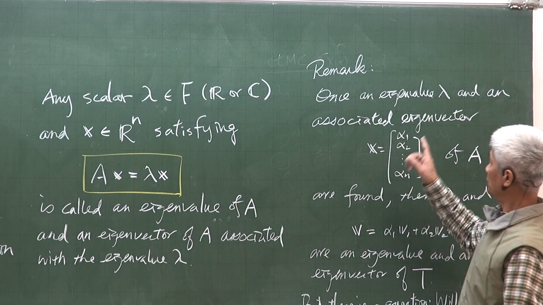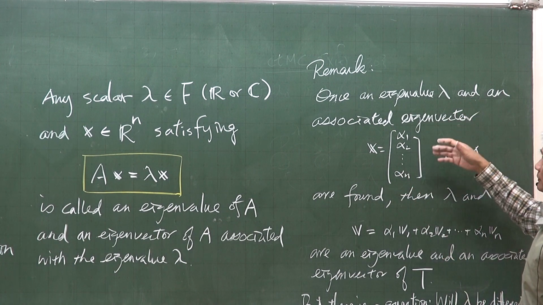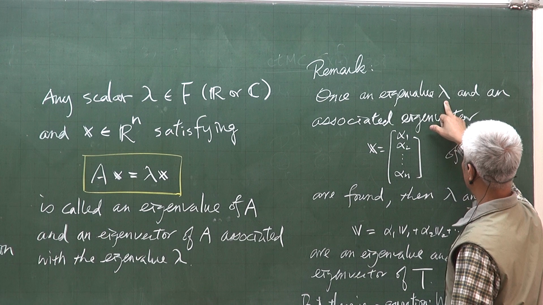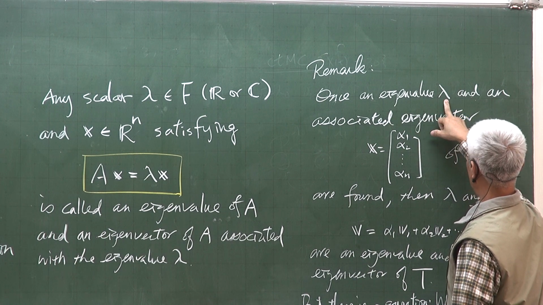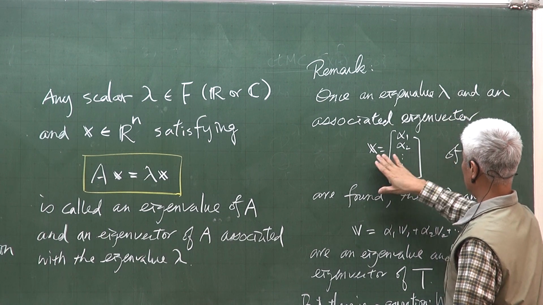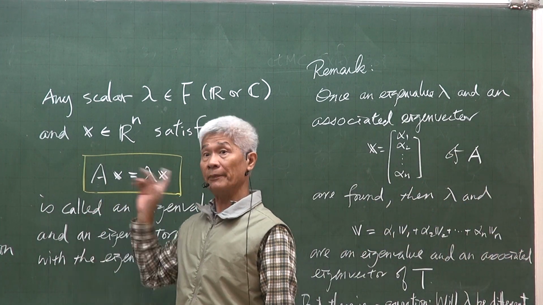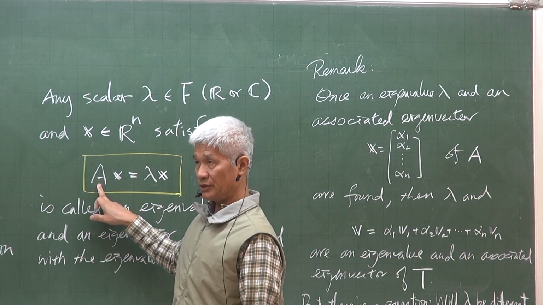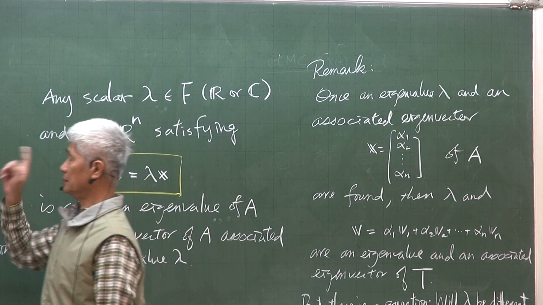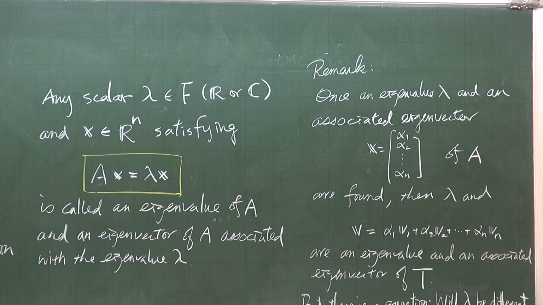Because we find an eigenvalue lambda and associated eigenvector by using the matrix representation, but we know the matrix representation A depends on the basis we choose.